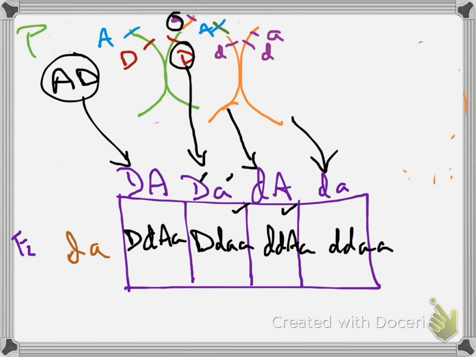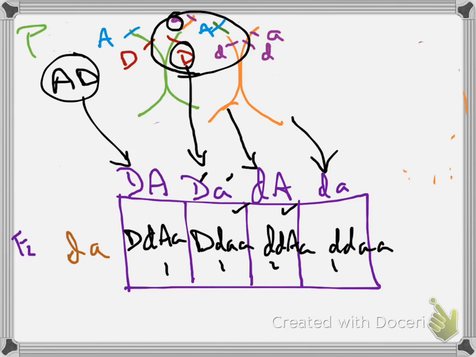All right. But do these happen in this 1 to 1 to 1 to 1 ratio? All of them equally likely? No. All right, they don't. Because what is the likelihood of this crossover happening right in between those two genes?